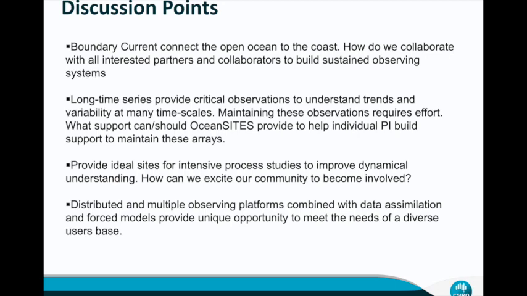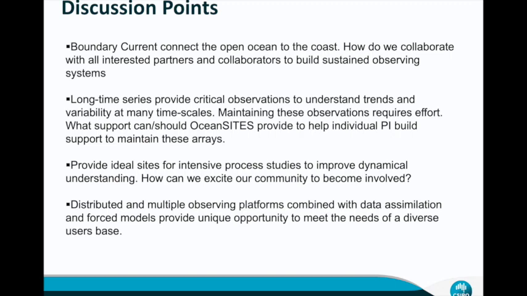Again, I think this is going to be a major topic throughout this whole session and potentially all of this meeting, is that if we want to maintain long-term observations, we need to think about how do we keep the support going, both in terms of the funding of those systems.